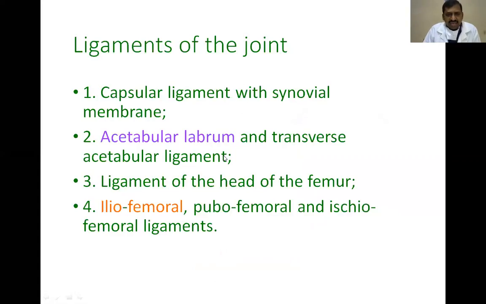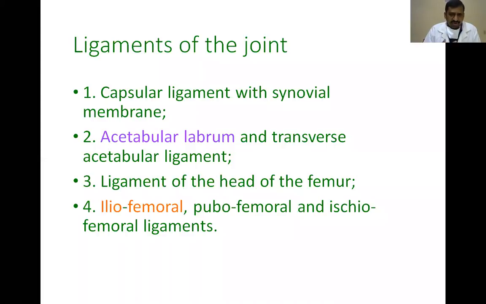Next, what are the ligaments which surround the hip joint? There are many ligaments. The first outermost covering is the capsular ligament. It seals the joint. It is lined by synovial membrane, and this membrane is responsible for the production of synovial fluid.